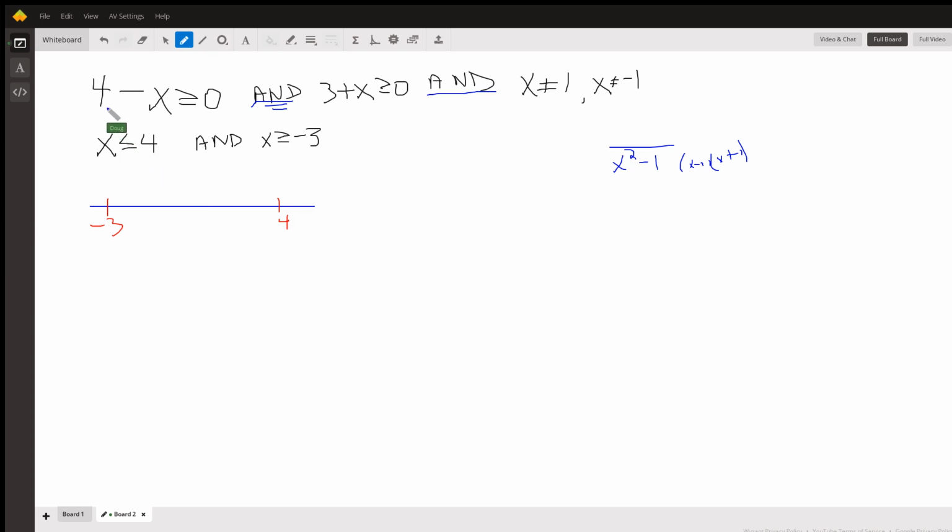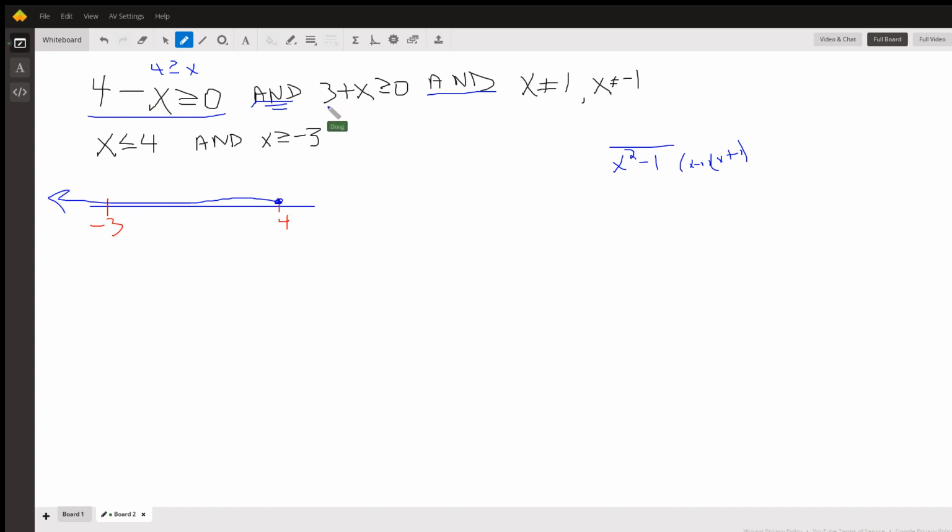So from this first inequality, if we solve this for x, by perhaps adding x to both sides, we would get 4 greater than or equal to x, or x is less than or equal to 4. So far, these are the numbers that make this first inequality true.